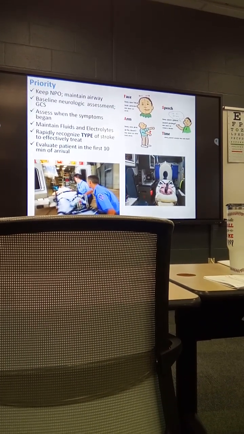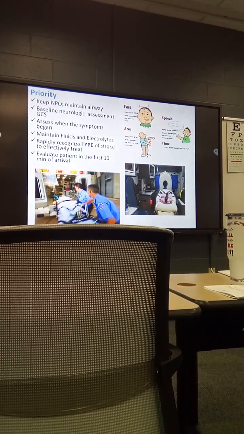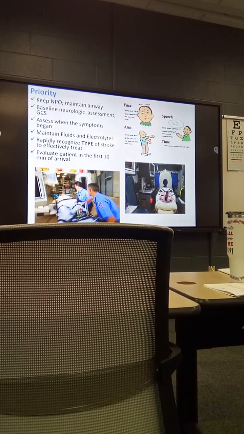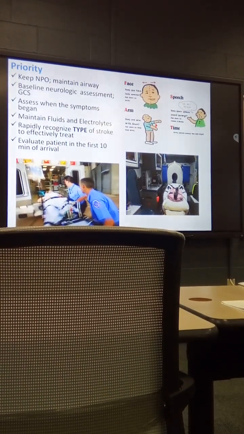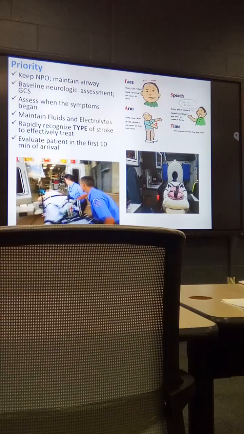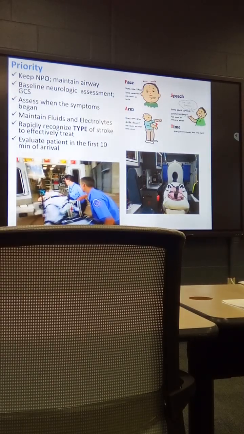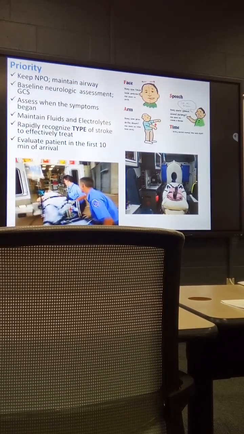But starting IVs, why would we want to start IVs? Bleeding afterwards. So once that TPA starts, or TNK, TNK is what we use now, but for your purposes, it's TPA. But with the increased bleeding, we're not going to do a lot of sticks.